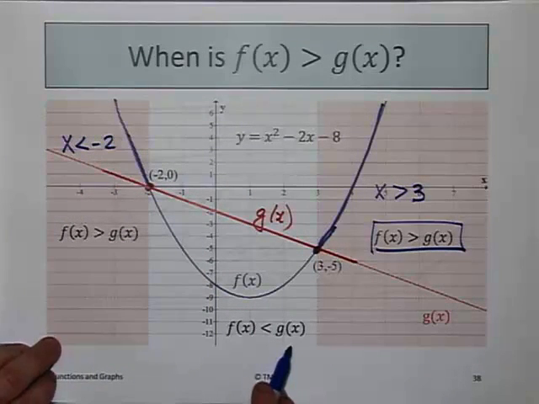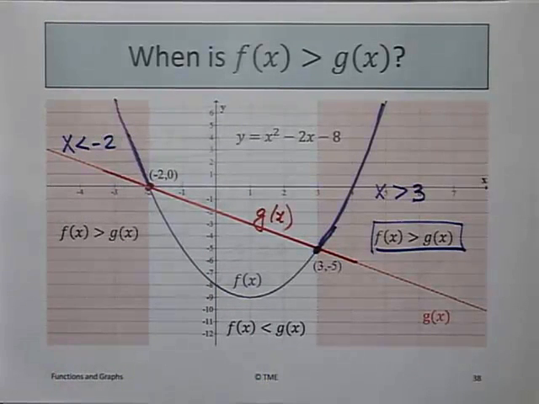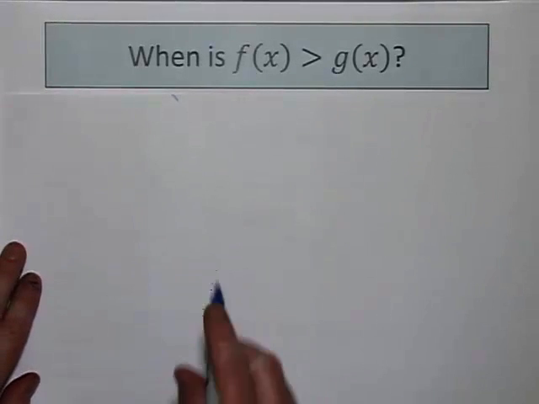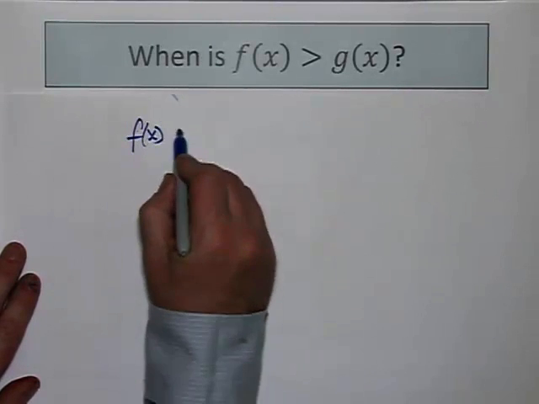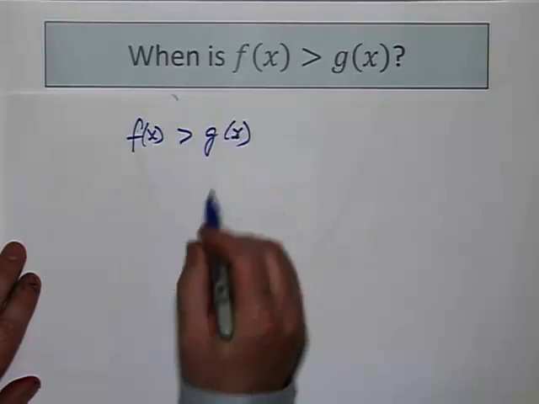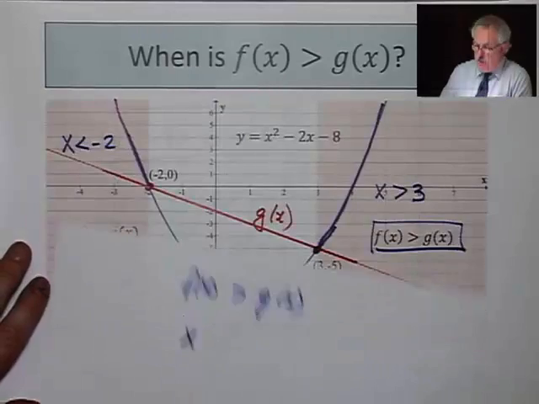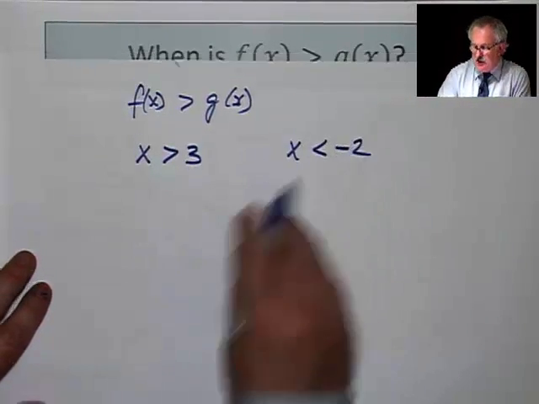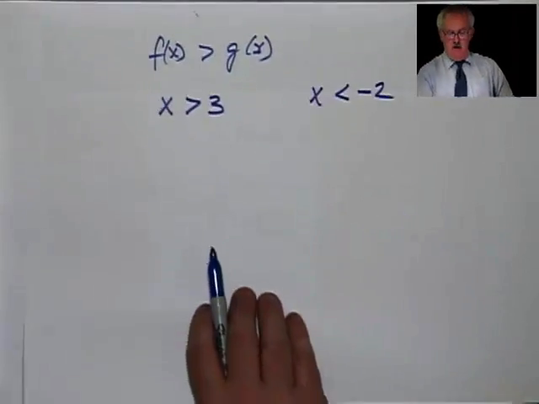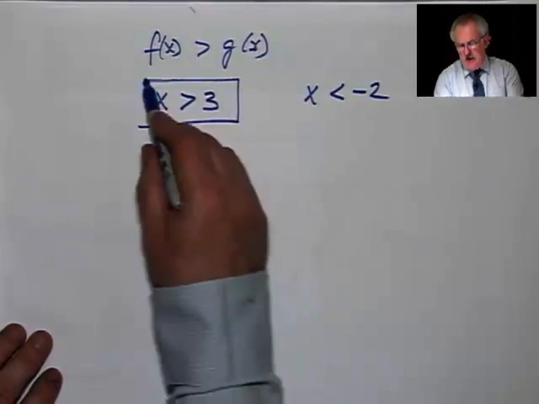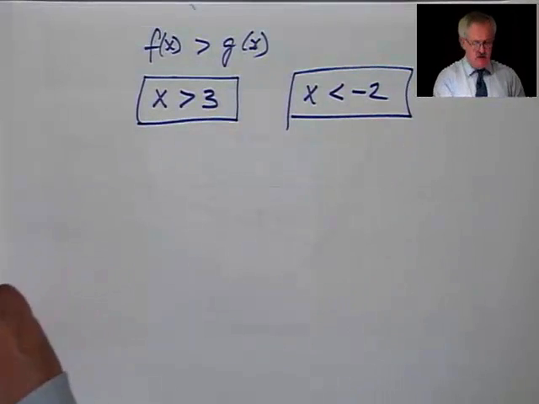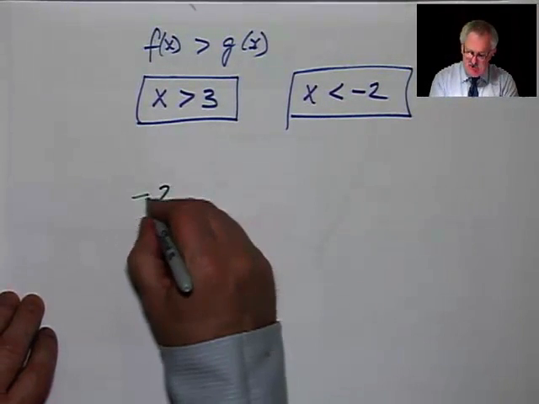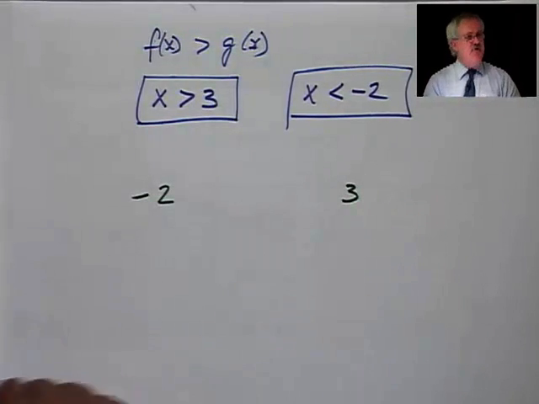And here's the opposite way around. So how do we join those two again? We say f(x) is greater than g(x) here, when x is greater than 3 and x is less than minus 2. But we probably would like to do that as one big inequality. On the number line, minus 2 comes first and 3 comes second.